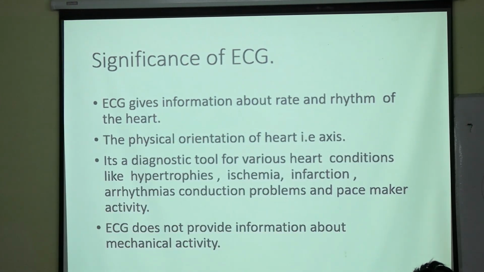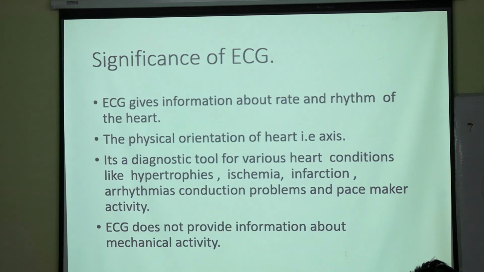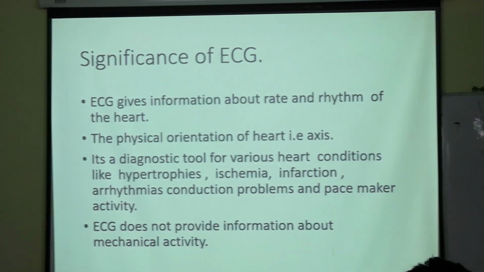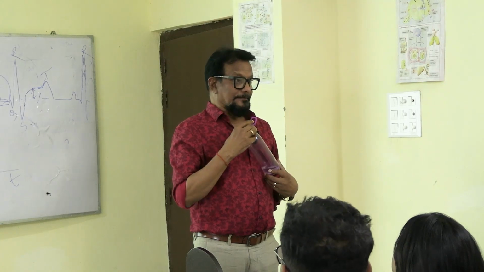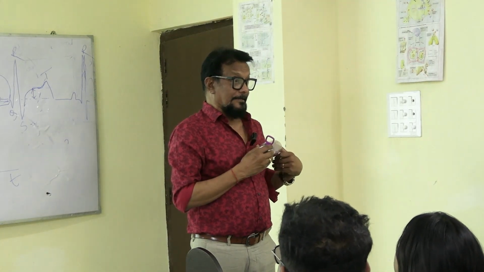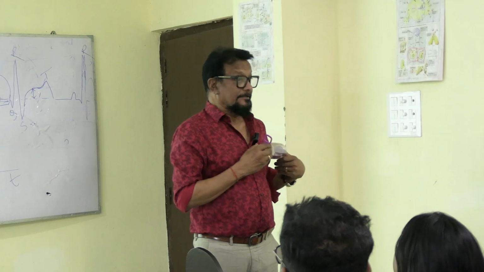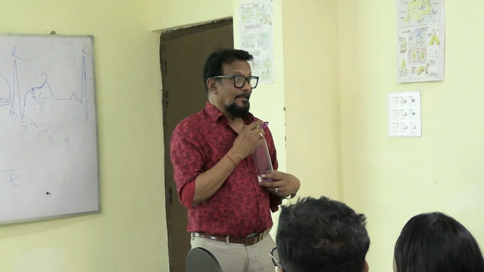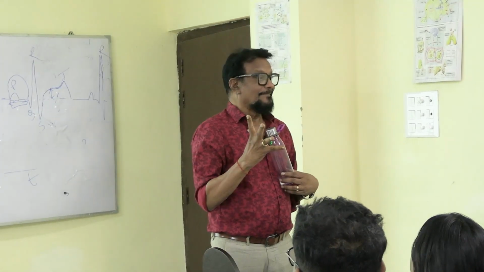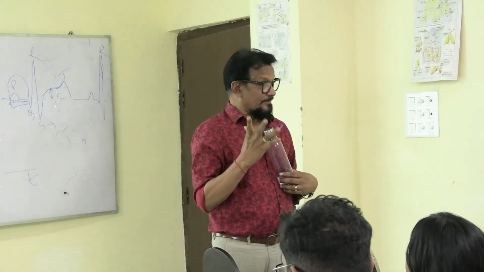Next is the physical orientation of the heart, that is, the axis. Our heart may be oriented like this, or like this, or horizontally. This happens when the ventricle becomes enlarged, hypertrophied.